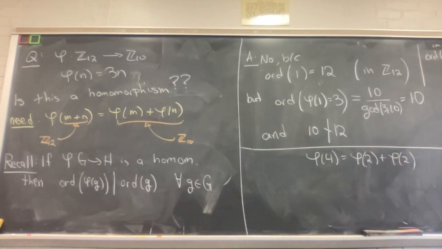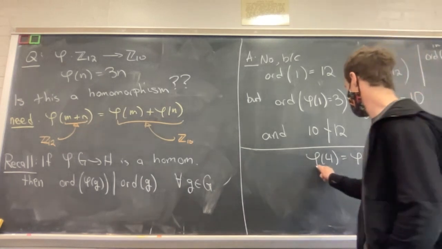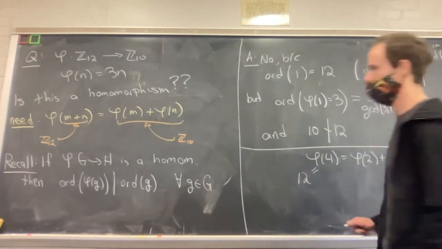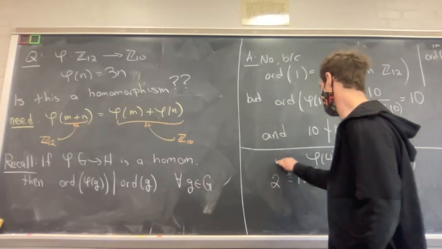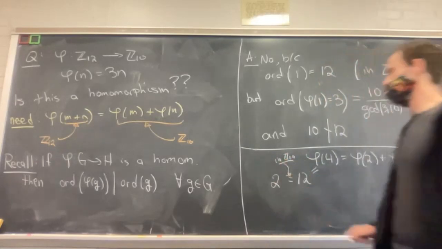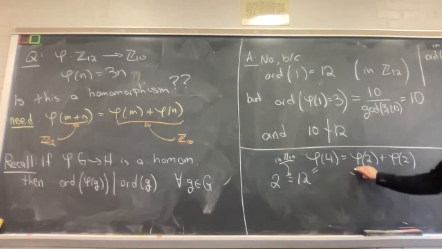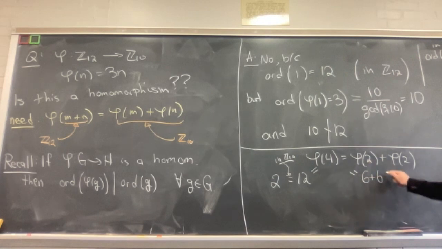But now we multiply this by 3 and we get 12, which is equal to 2 in Z10. But now over here, 6 plus 6, which is also equal. Okay, forget what I'm doing right here. I'm really sorry. I'm having a brain malfunction, and it's throwing me for a loop.